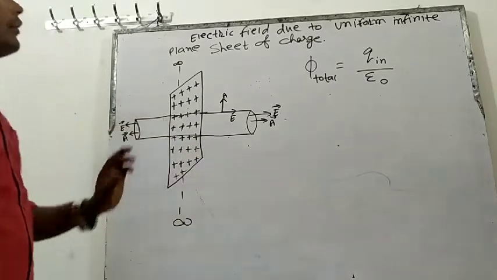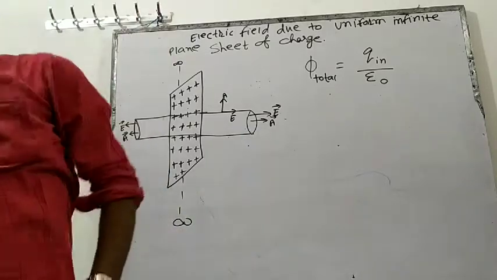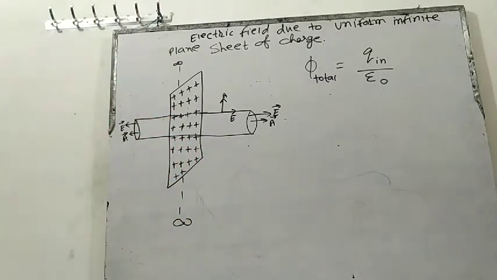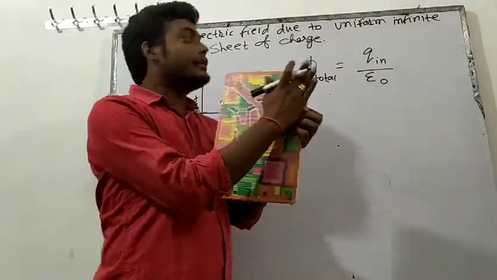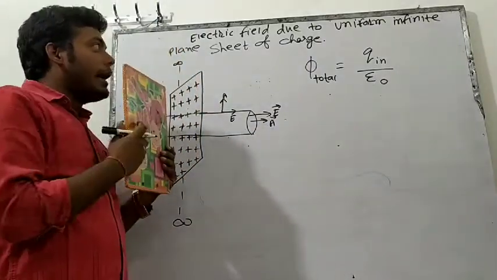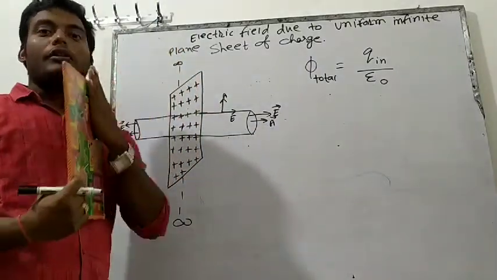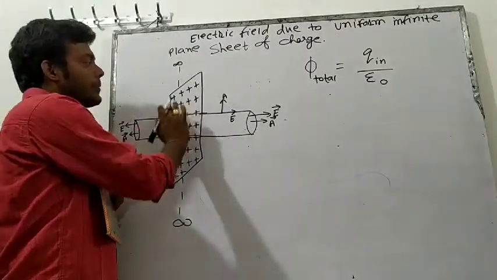What is the meaning of this? There is a plane sheet. Plane sheet means, suppose like this. This is a plane sheet. We have kept this plane sheet like this, and on the whole surface, charge is there.